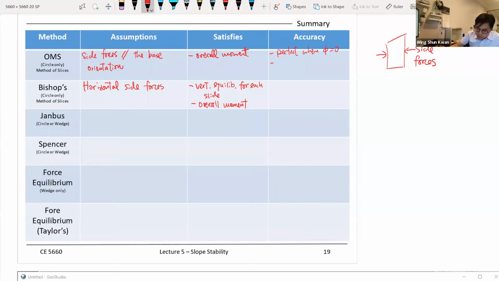And this method becomes too conservative as phi becomes important. It becomes very conservative when both phi and pore pressure are important.